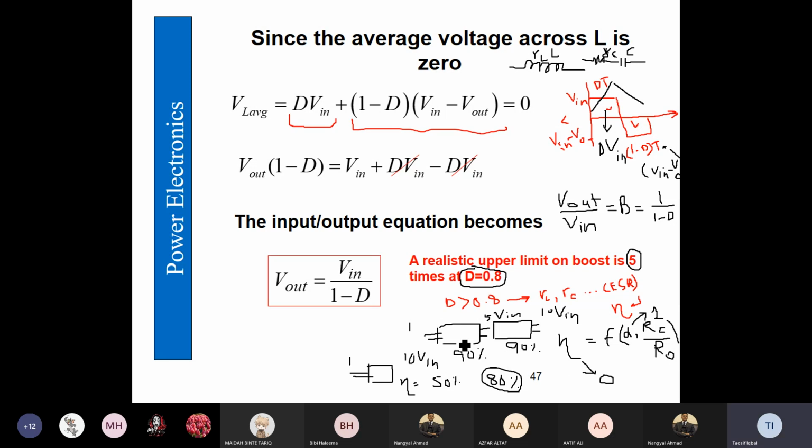Okay? So therefore, we can use smaller duty cycle multiple boost converters to get the required gain, and still we can maintain high efficiency.